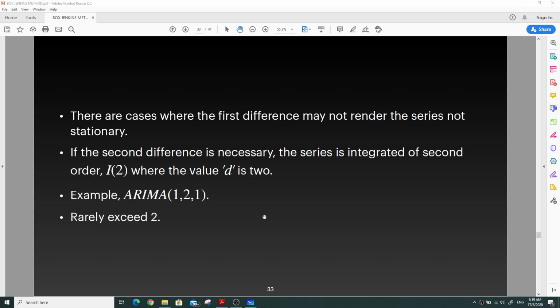The textbook discusses that d rarely exceeds 2 for an ARIMA model. The ARIMA model is for the case where there is no seasonal component in our series. Later on I will explain what the model is if there exists seasonality in our series.